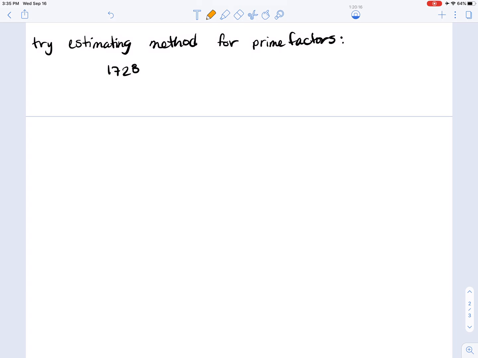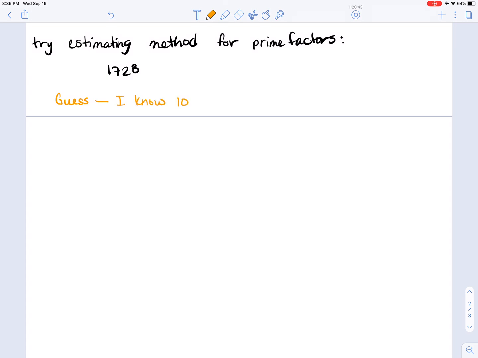I'm going to do it in a similar fashion to what I did with the squares, where I have to figure out what cubed is close to 1728. So I'm going to start with my first guess or try.